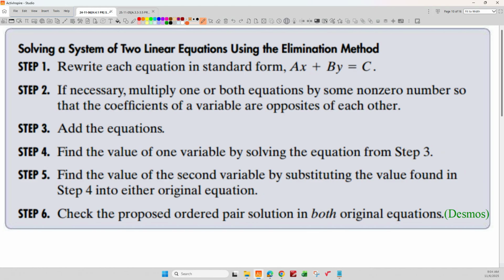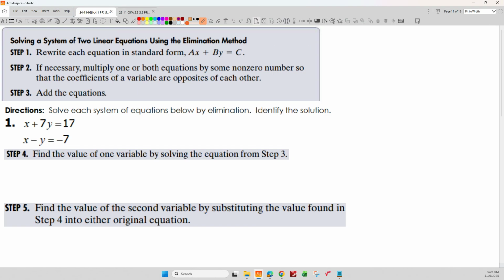So when we add those linear equations together, one of the variables falls out, drops away, it cancels. Once we do that, we're left with an equation with only a single variable, which we can solve and substitute back into one of the original equations to find the other variable. That's a lot of words, too many words. Let's just do an example to illustrate how this works, and I think you'll remember.